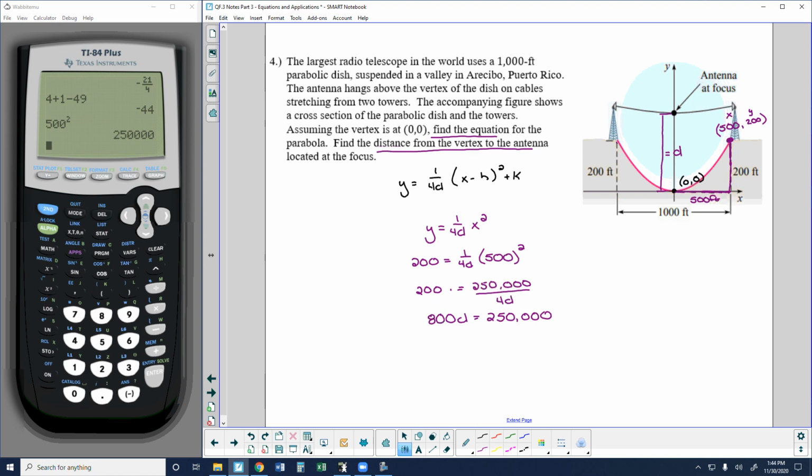So I can do 250,000 divided by 800, and I find that d is 312.5. So the distance from the antenna to the vertex is 312.5 feet.